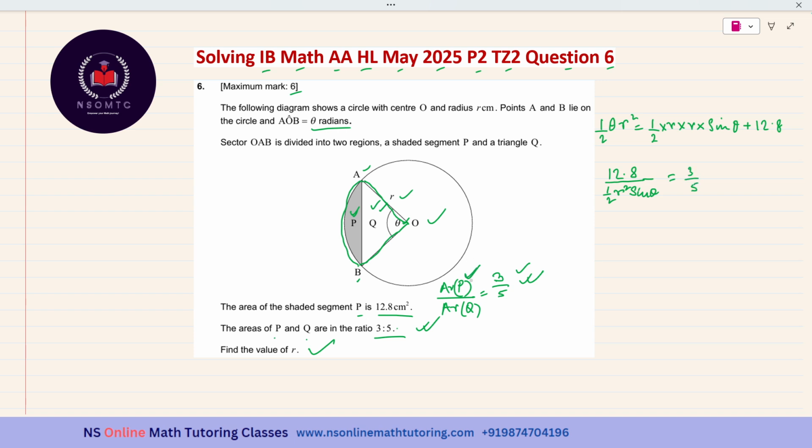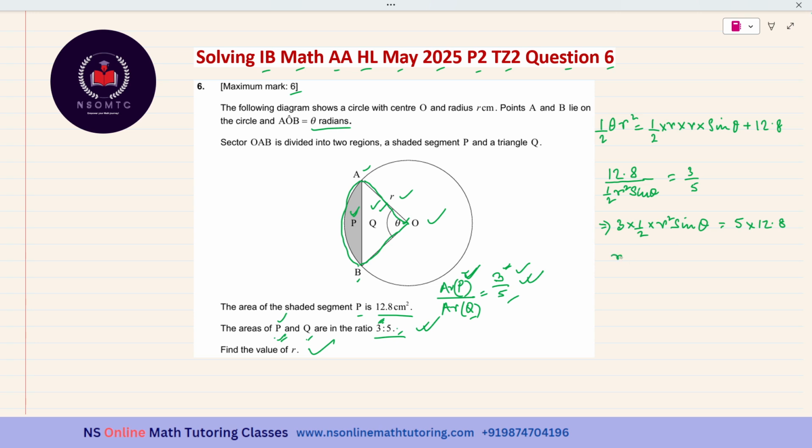We have written P in the numerator. You have to maintain the sequence. P is the first letter, so P will be in the numerator, then comes Q in the denominator. Similarly, 3, the first digit, will be in the numerator, and 5 in the denominator. Now we cross multiply: 3 times half times r squared sine theta equals 5 times 12.8.